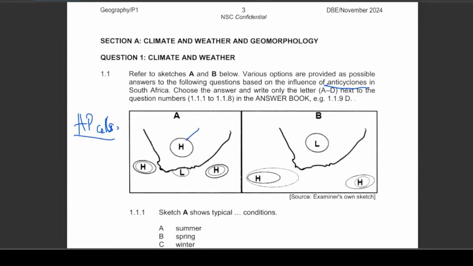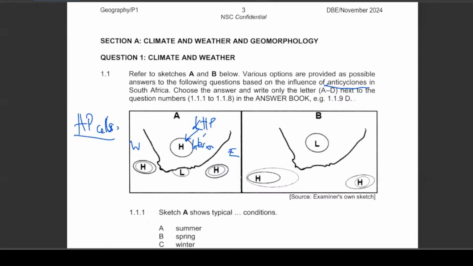If we check our sketch here, we have a typical high pressure cell. This is a sketch which shows the western part of the Southern African subcontinent and the eastern part on this side. This is the interior of Southern Africa. If we have a high pressure cell here over the interior, obviously this is our Kalahari high pressure cell, which dominates over the interior.